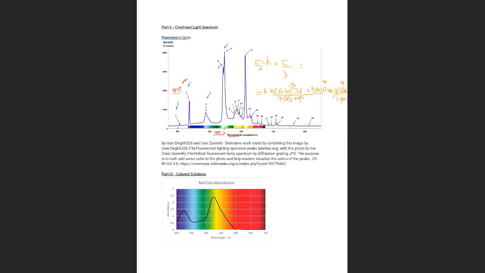So I obtain for just this peak number 1, with this value of 406 nanometers for the first peak, that my energy equals 4.90 times 10 to the minus 19 joules.